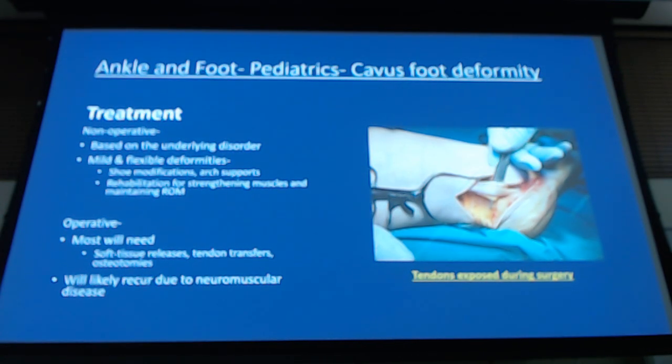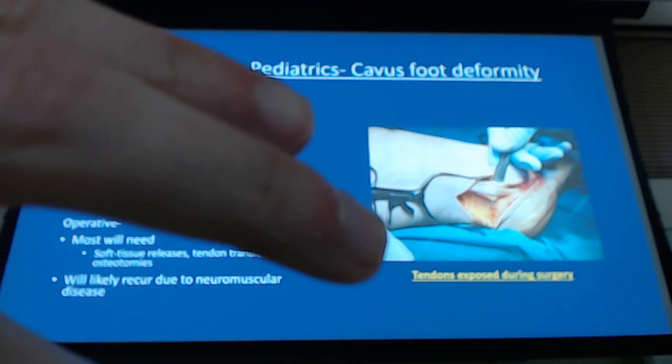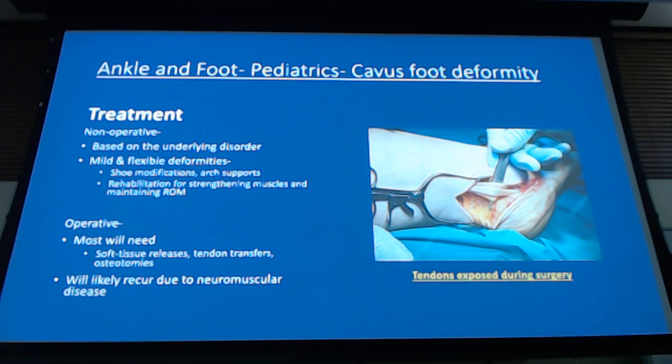How do we treat these? Well, most times the treatment can be non-operative, and with non-operative management, you can get fairly decent results. But it all depends on what the underlying disorder is, right? So, through shoe modifications, some rehab, strengthening, looking at range of motion, those all do well.